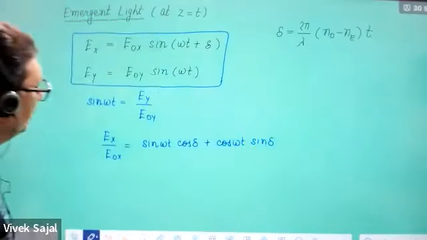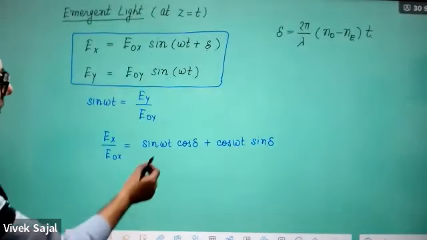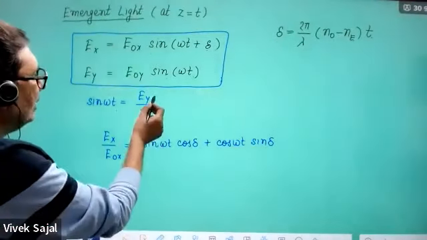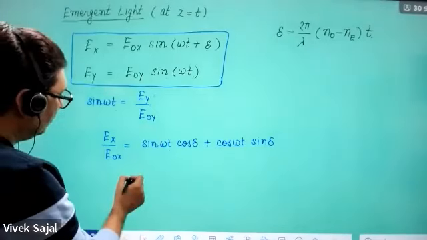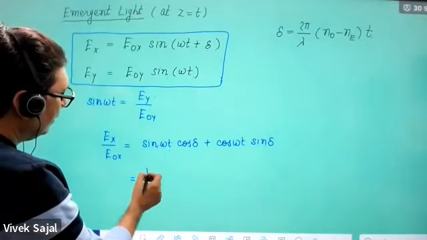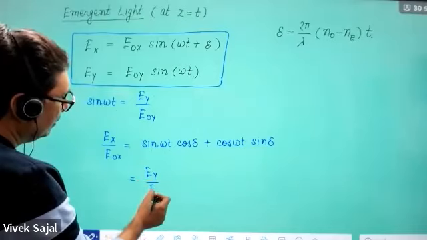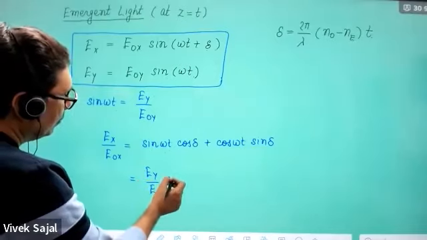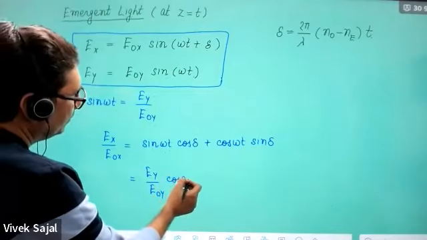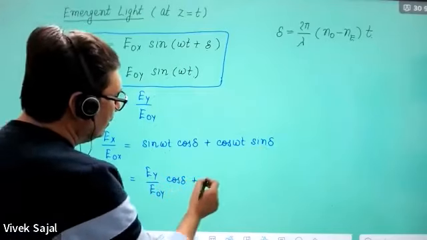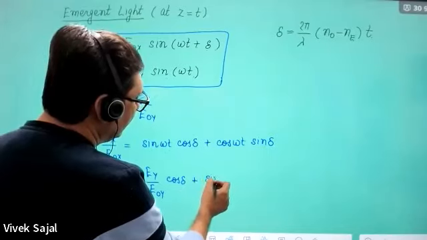In place of sine omega t, I can write Ey by E naught y cos delta, plus this sine delta as it is.